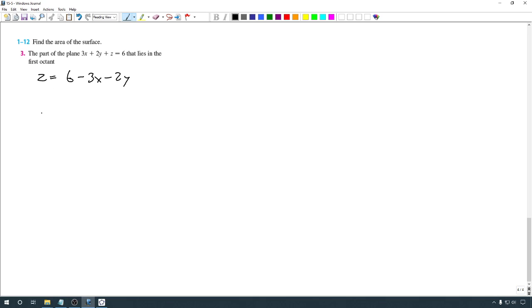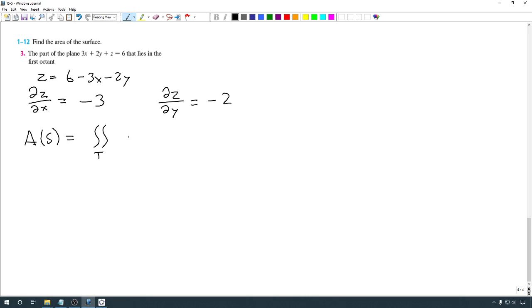Remember our formula, we take the derivative of z with respect to both x and y. So the derivative of z with respect to x, in this case, is just a -3, regardless of what point we're at. Similarly with y, we just get a -2. So our area, the surface, is going to be the double integral over our triangle.